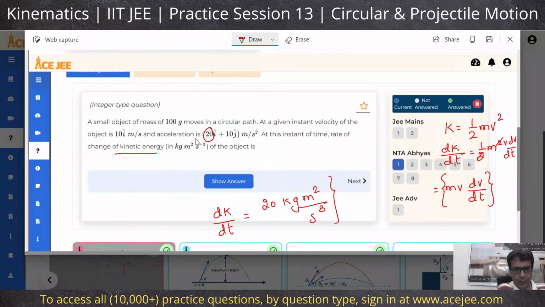You've just taken the dot product. Okay. So you have used the definition of your work done. So dk by dt. Is that how you have done it, Peter? Yes, sir. Sir, F dot V. So, sir, MA dot V. So, it's the same thing only.